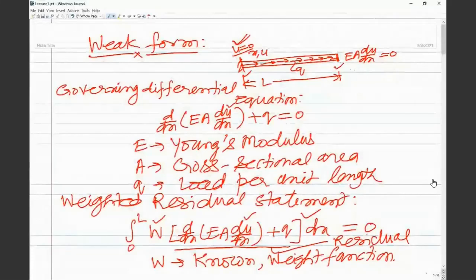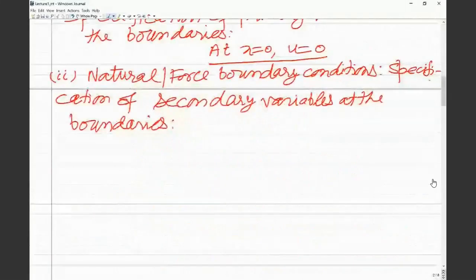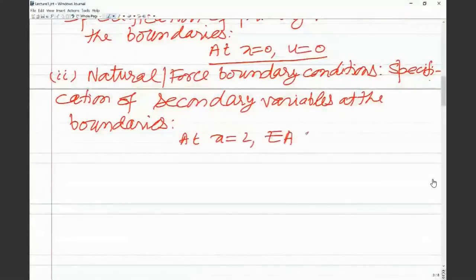So we have this EA into du by dx, which is a secondary variable, specified at the boundary x equal to L. Therefore, that boundary condition is a natural or force boundary condition. As an example, at x equal to L, we have EA into du by dx equal to 0. This is an example of the natural boundary condition specified at x equal to L.